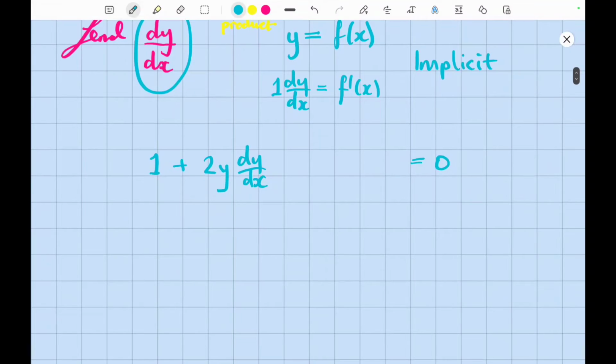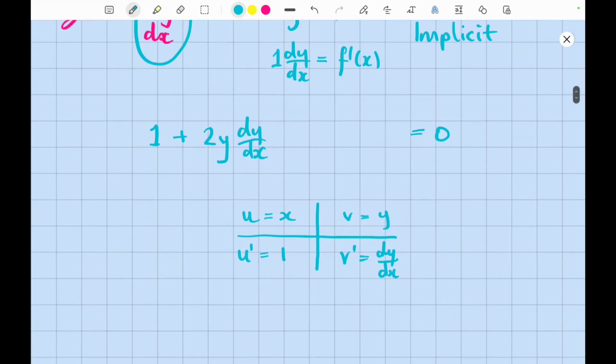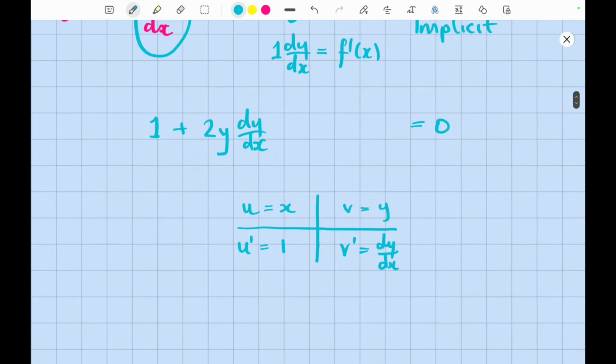So let's take xy and we'll say u equals x, v equals y, and we'll differentiate both. But then because we are differentiating with respect to x, but it's a y, it's going to become 1 dy dx. So there's the difference there.